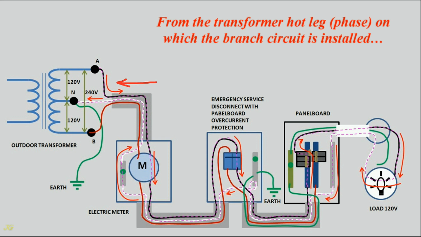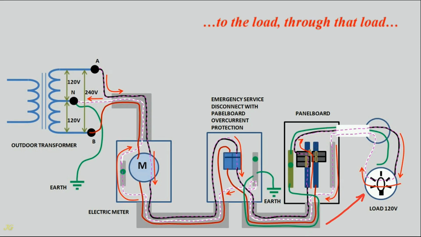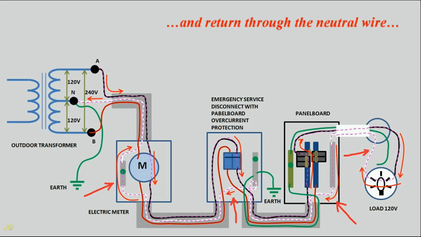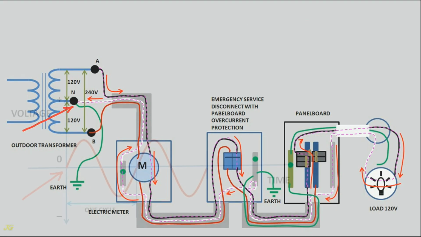From the transformer hot leg, phase, on which the branch circuit is installed, through the electric meter, service disconnect, branch circuit breaker, to the load, through that load, and returns through the neutral wire back to the transformer.